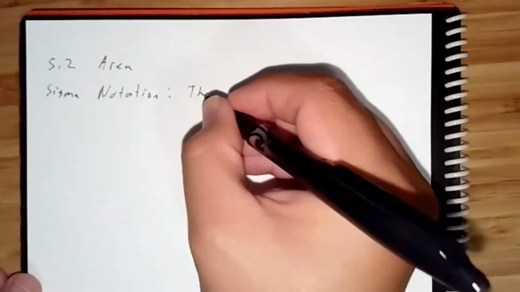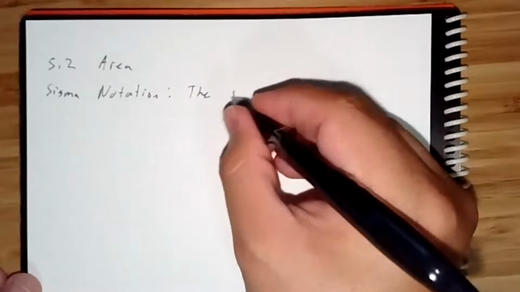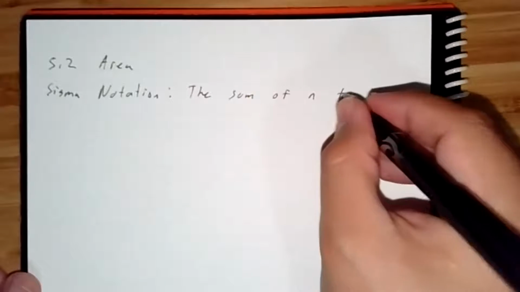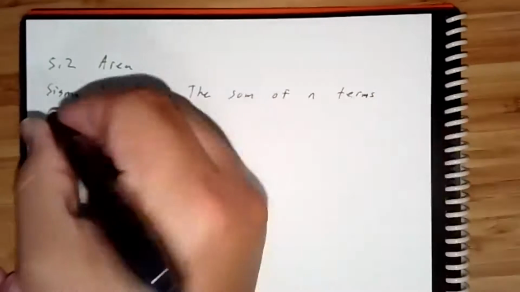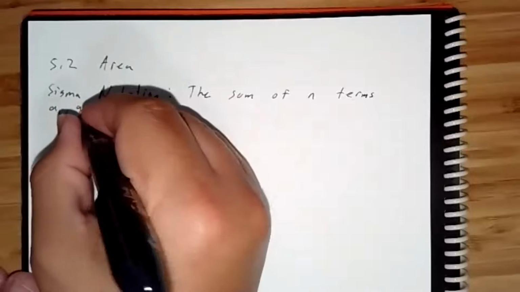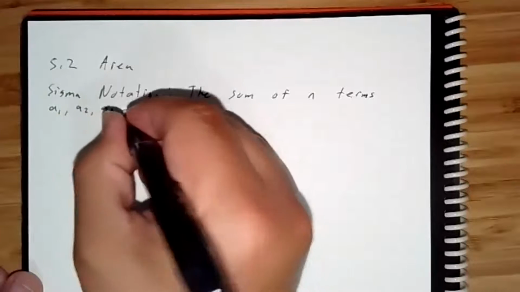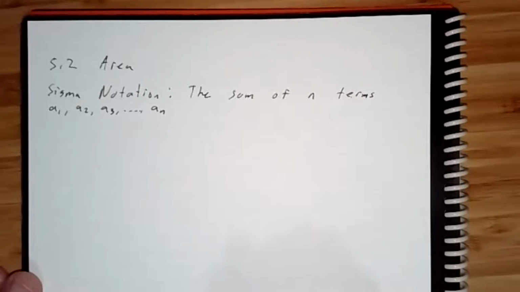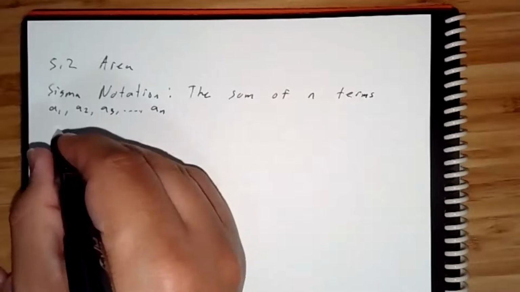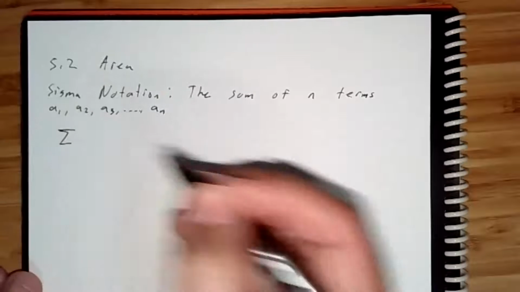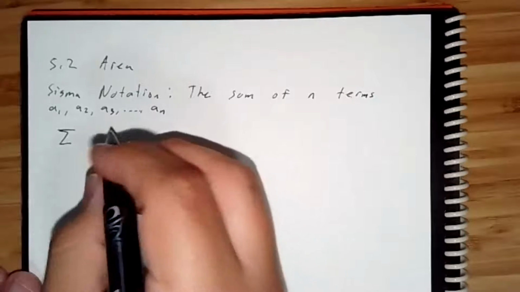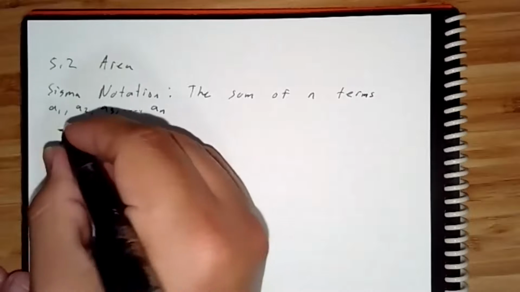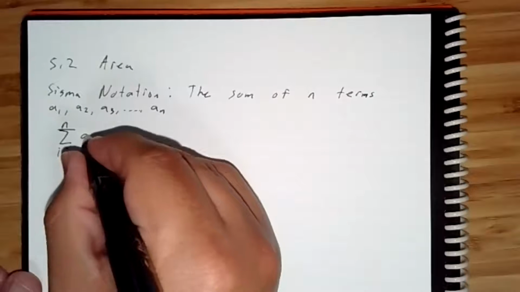The sum of n terms, A1, A2, A3, all the way till AN, is the same as saying the capital sigma from i equals 1 until n of A sub i.